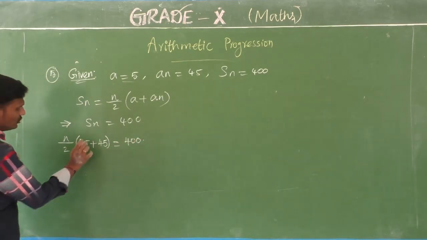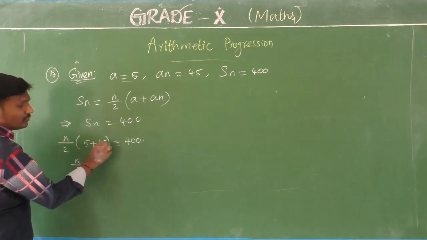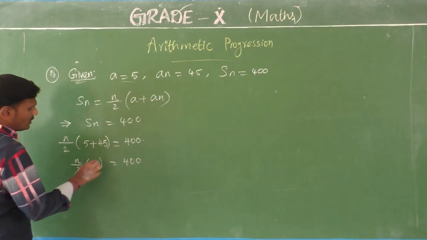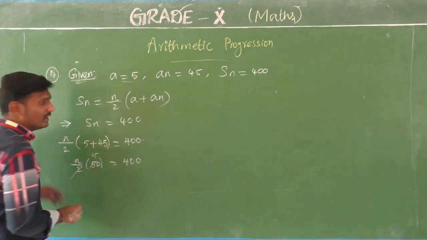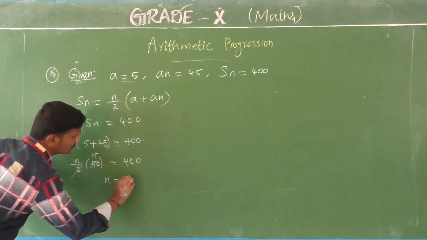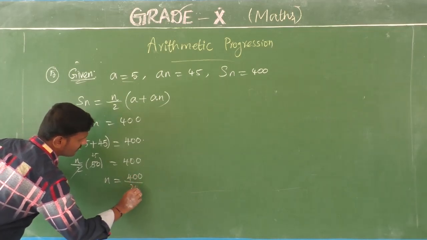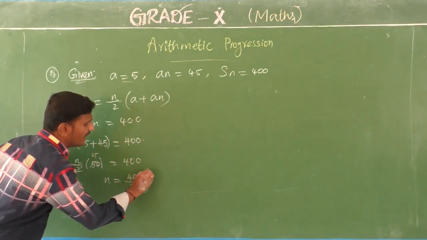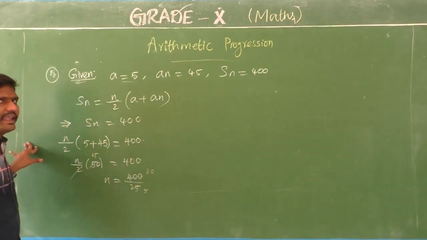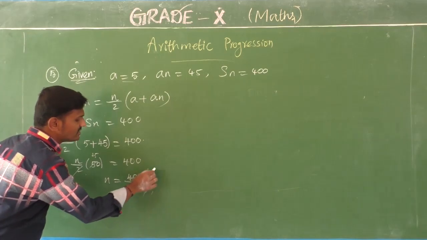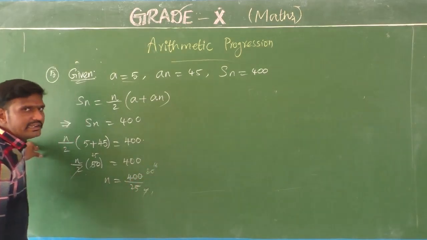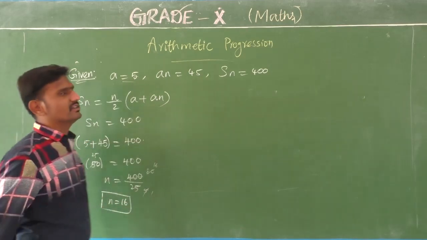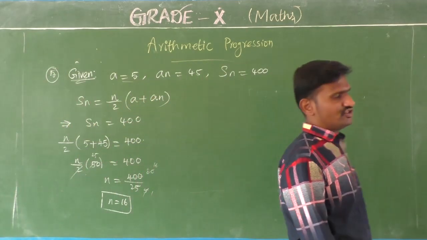Now add this to get n by 2 into 45 plus 5 is 50, which equals 400. So 2s are 2, 25 2s are 50. Then finally n equals 400 divided by 25. Now the simplification: 5 5s are 25, 8 5s are 40, 80. 1 5s are 5, 16 5s are 80. So the value of n is 16.